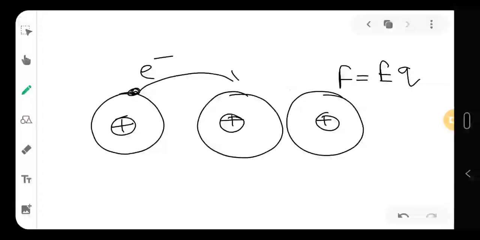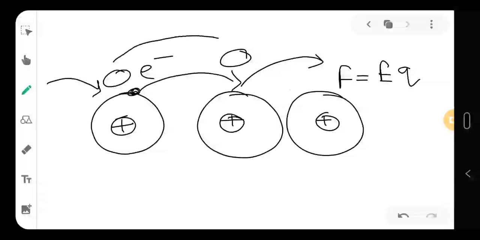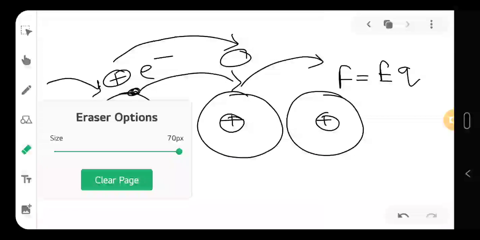This electron moved here, so that means there is a vacancy right now. Again this electron moves here and another electron comes here, that means this vacancy will be here right now. So it seems that this vacancy has moved this side, right? So like that it happens. So these vacancies are taken as positive charge centers.